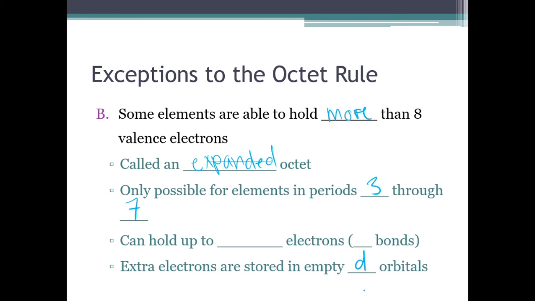If an element does not have d orbitals, it can't store extra electrons. So your expanded octet elements can hold up to 12 electrons, 6 bonds. See a couple of examples of that.